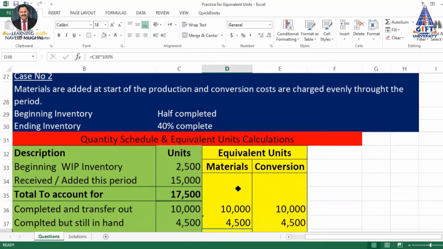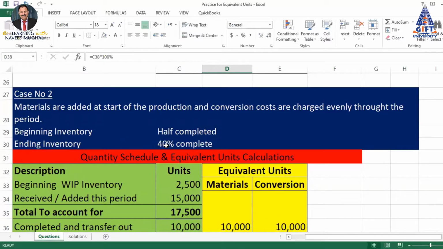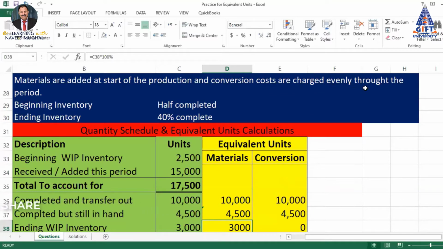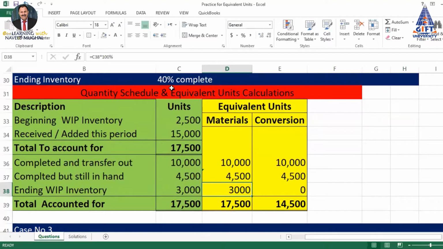But on the other side, what about ending work in process regarding other costs? Other costs are 40% complete, because other costs are evenly distributed on the production. So this is 40% complete. We have been given the percentage that is not in statement form, so we will simply multiply this percentage with the total units.